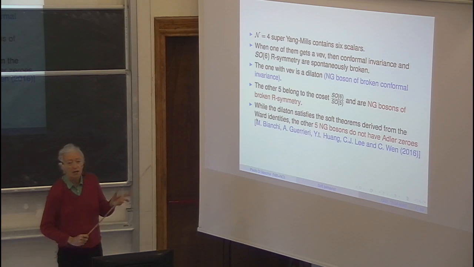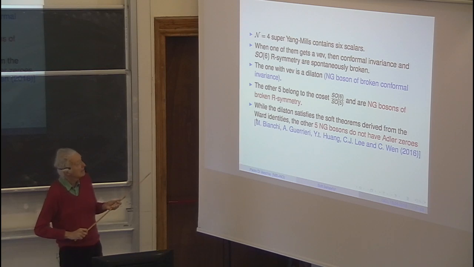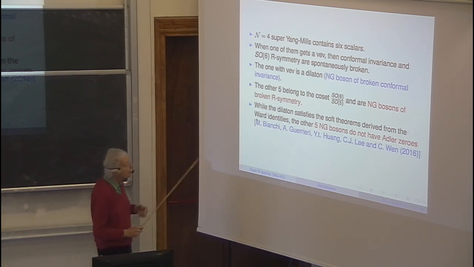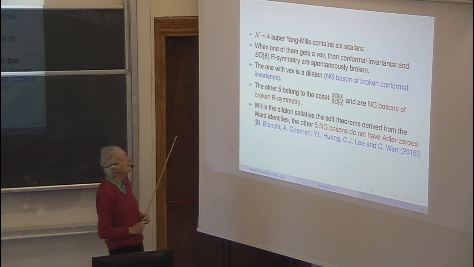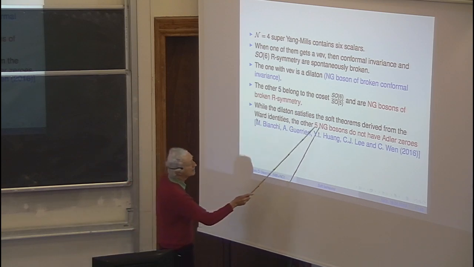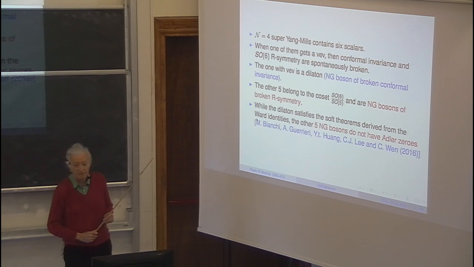So in this case, you break the conformal group together with a global symmetry, SO(6). And because of this double breaking, as a consequence, as has been shown in this paper, the 5 Nambu-Goldstone bosons in this case do not have Adler zeros.